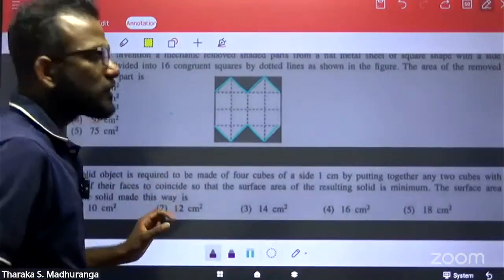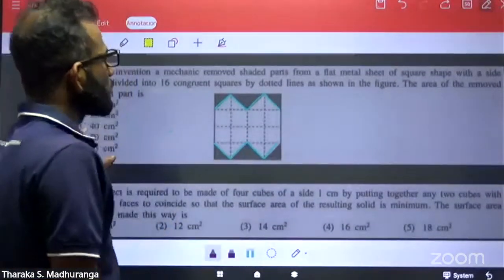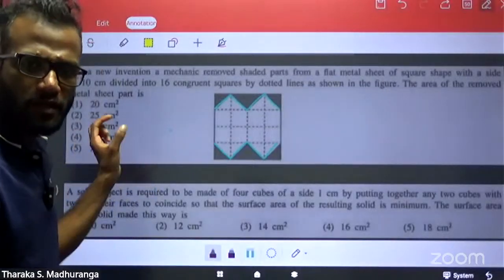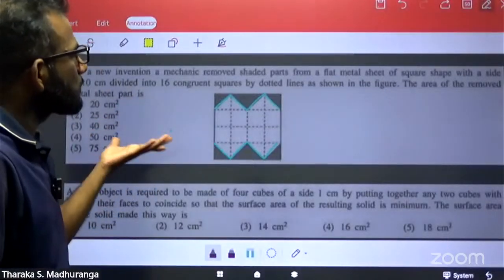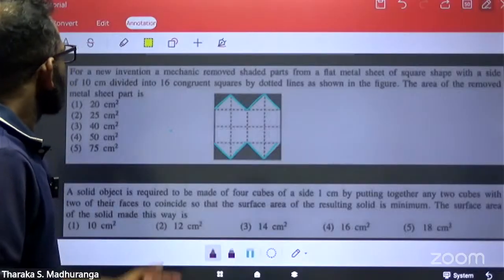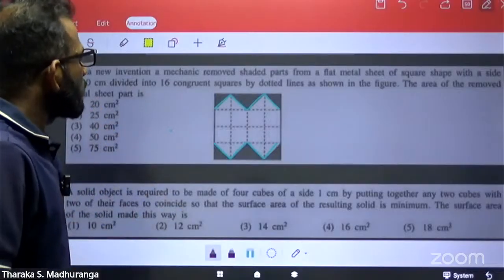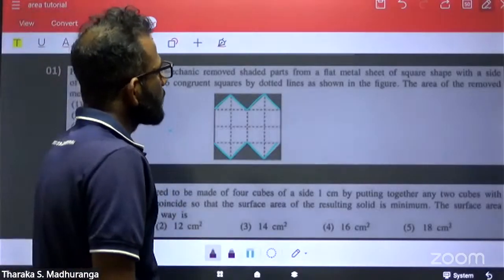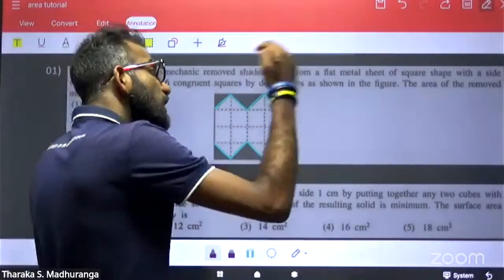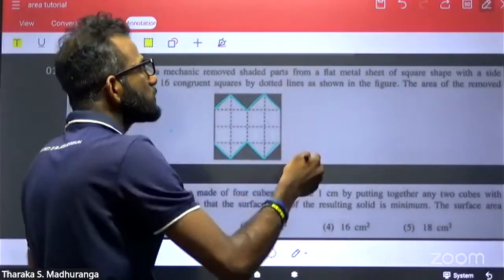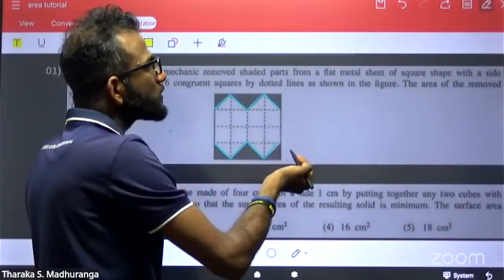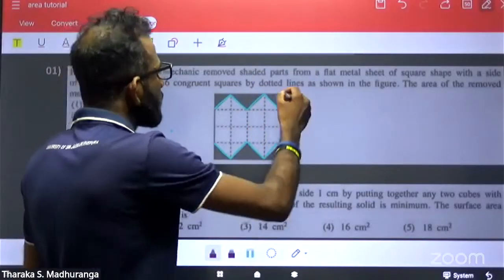Okay, what's the method? If you understood the question clearly and simply, it is easy. For a new invention, a mechanic removed the shaded part from a flat metal sheet of square shape with a side length of 10 centimeter.